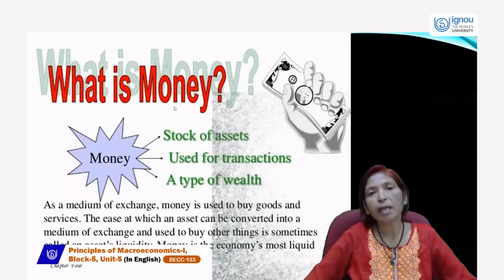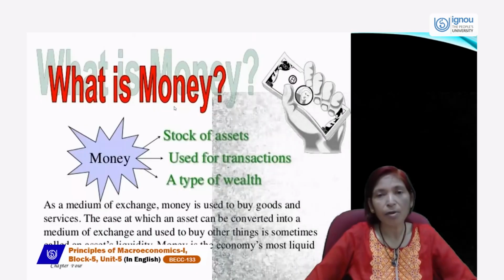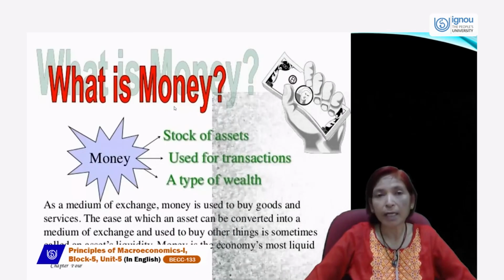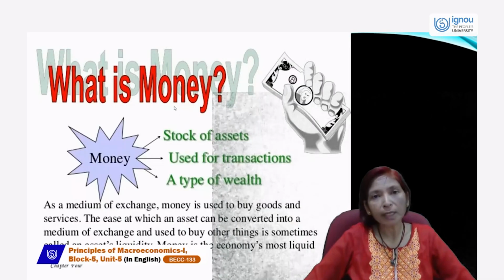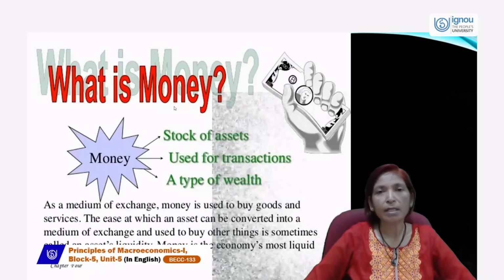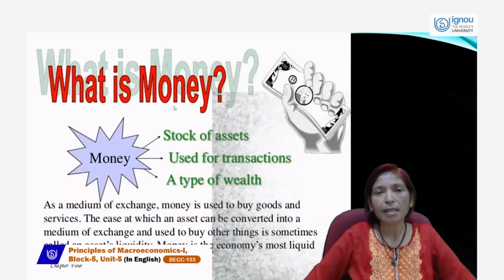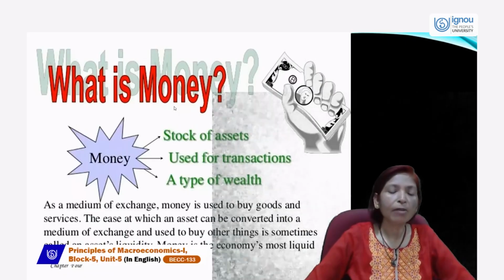Then you can buy any goods and services, but not with the help of that fixed deposit slip or LIC policy slip. That is called near money, not actual money, because it is not as liquid as money. So money is a very liquid form of asset.